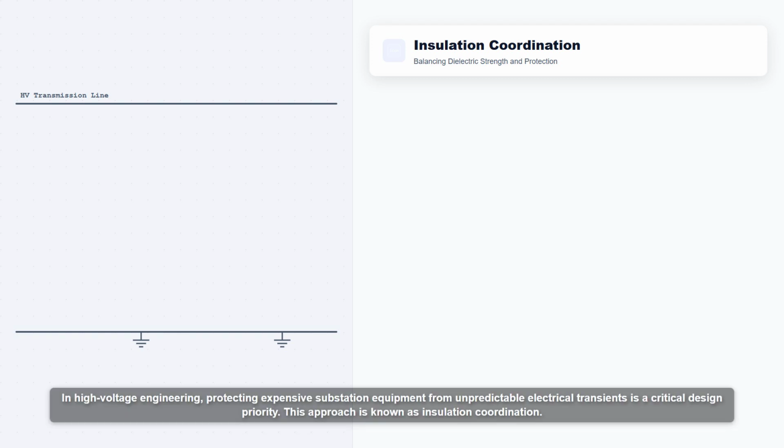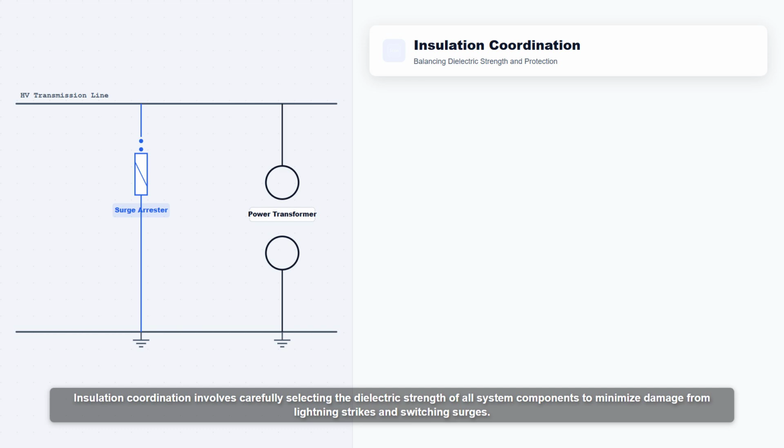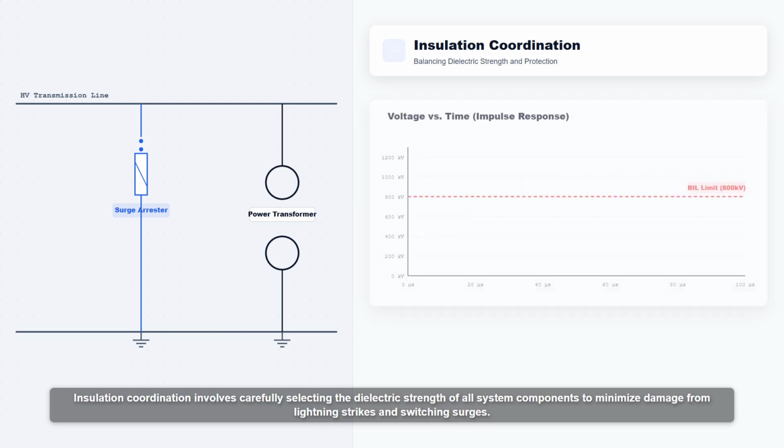In high voltage engineering, protecting expensive substation equipment from unpredictable electrical transients is a critical design priority. This approach is known as insulation coordination. Insulation coordination involves carefully selecting the dielectric strength of all system components to minimize damage from lightning strikes and switching surges.